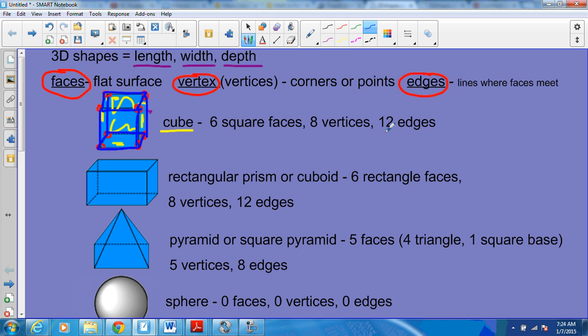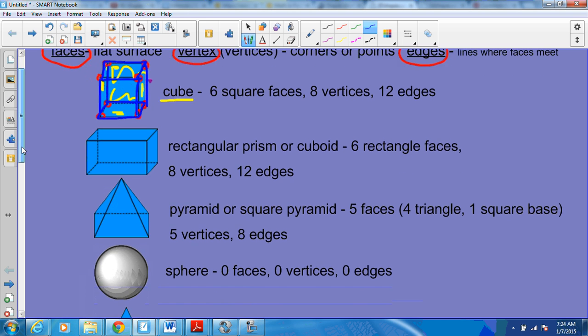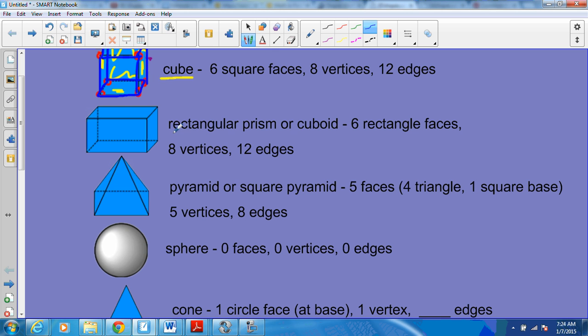This is a cube. Next, we have a rectangular prism, or you might hear it called a cuboid. A rectangular prism has the same amount of faces, vertices, and edges as a cube. The only difference is it has rectangular faces along the sides of it.